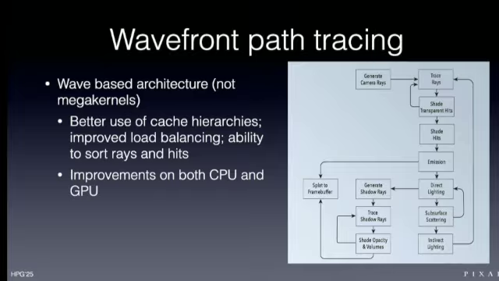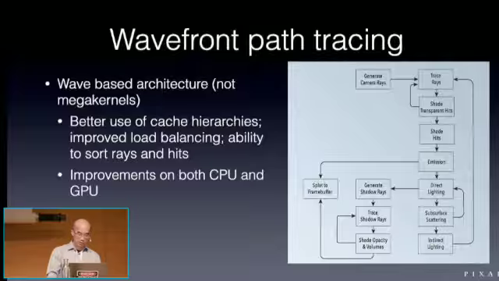So XPU is a wavefront path tracer, which means it's a collection of separate kernels running sequentially on a wave of rays in the scene, rather than a megakernel that processes individual ray paths. This design gives us some advantages. In addition to points raised in the megakernels considered harmful paper, we note that it's easier to stay within cache hierarchies.